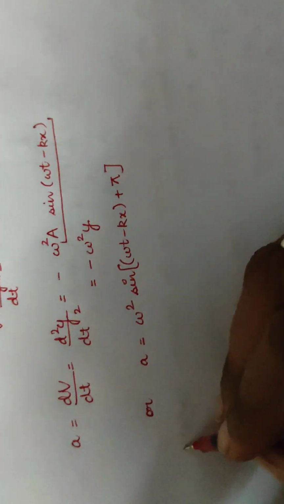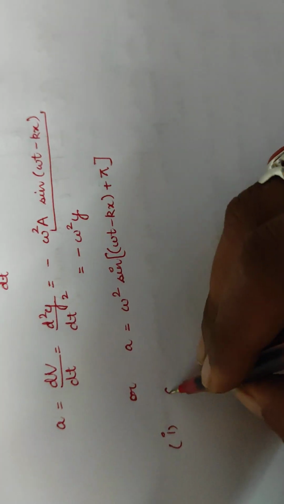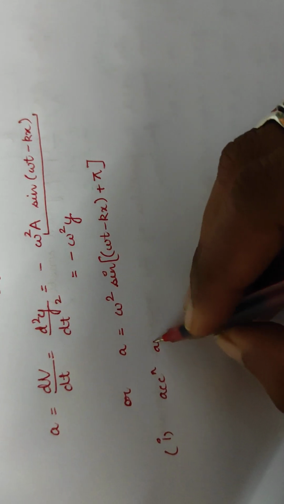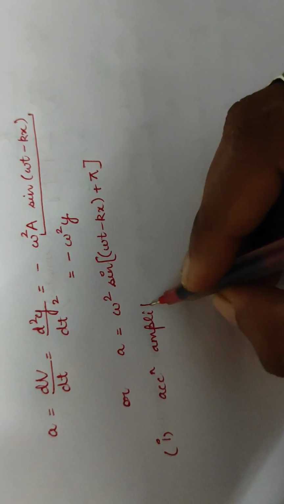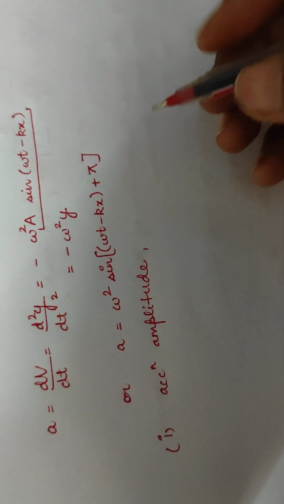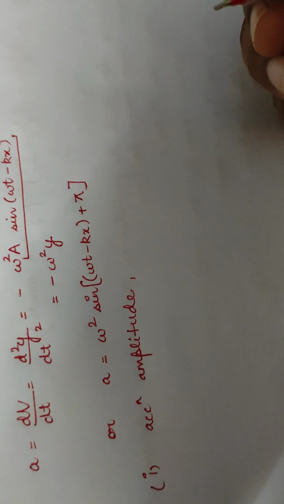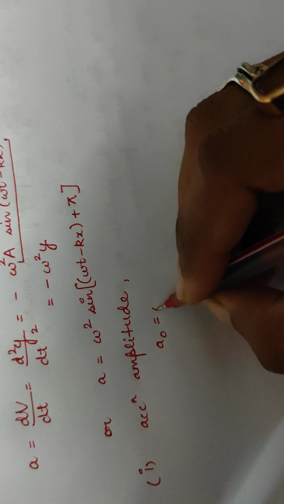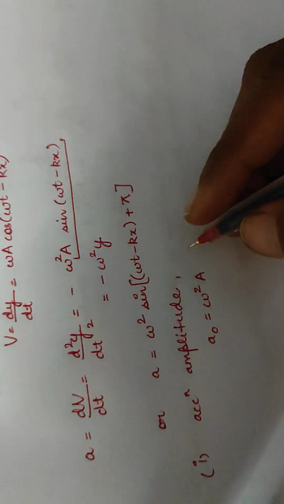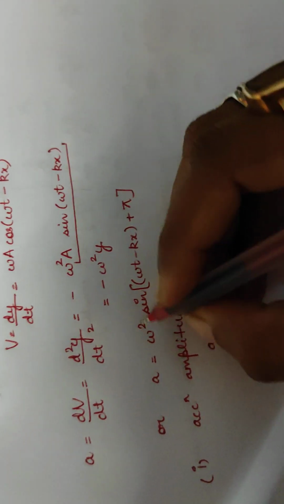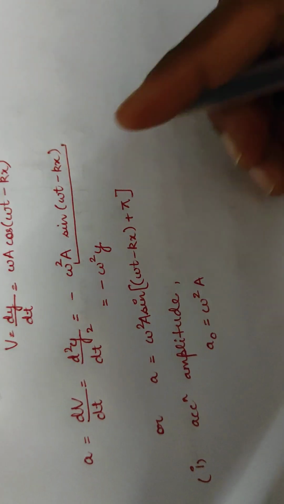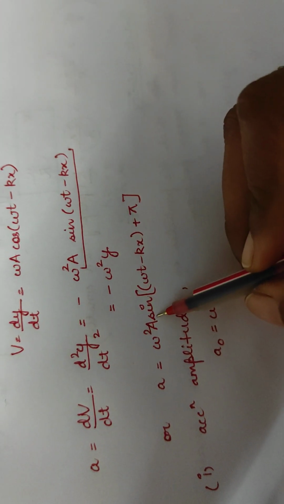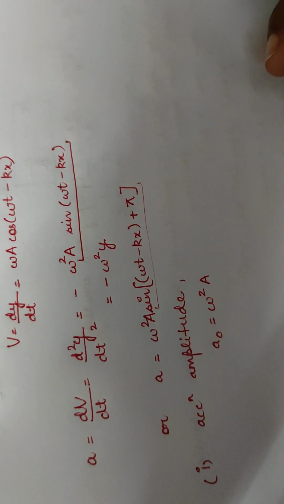Okay. Now from here, if we find the acceleration amplitude, or in other words, the maximum value of particle acceleration, let us represent it by a₀. It is equal to ω²a. Sorry, here a is left. So in this equation, we know sin 90° is 1.